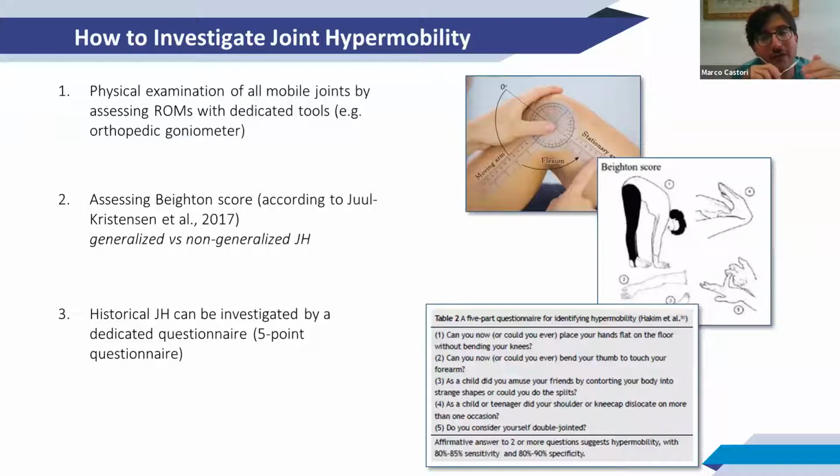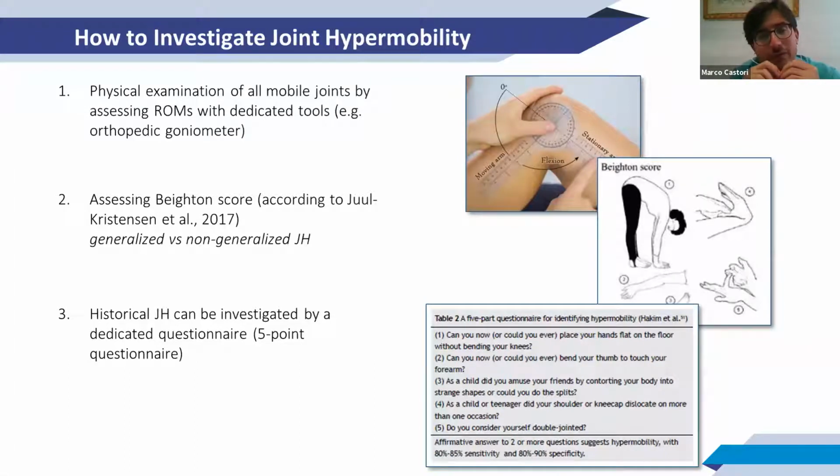A cutoff of 5 is currently used for the presence of generalized joint hypermobility in adults, and a cutoff of 6 was recently introduced as the cutoff for children. You can find a complete overview on this issue in the paper by Juul-Kristensen, again from the Scandinavian region of Europe.